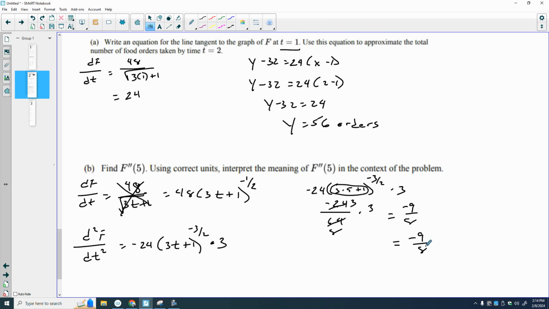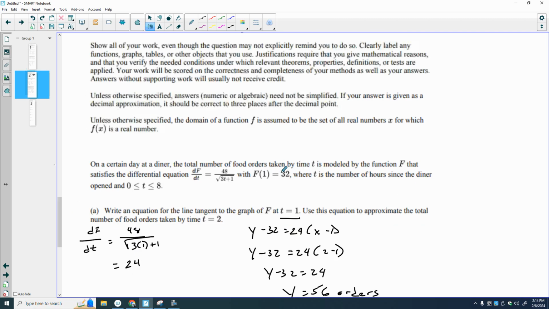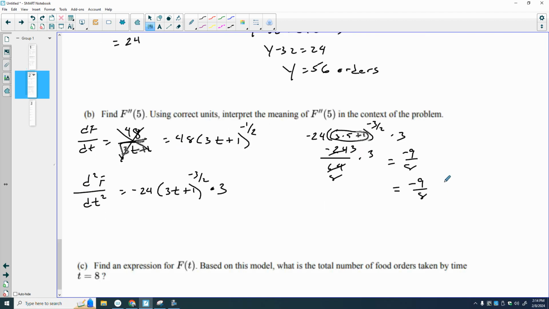Using correct units, negative 9 over 8. This was already orders taken. So it's orders per hour. So the df dt is the change in orders per hour. So this would be the change in orders per hour per hour.